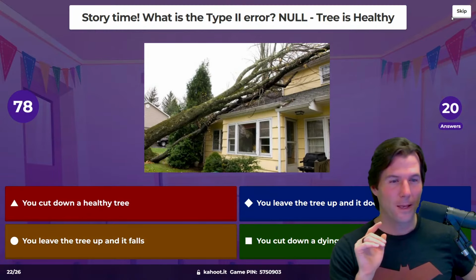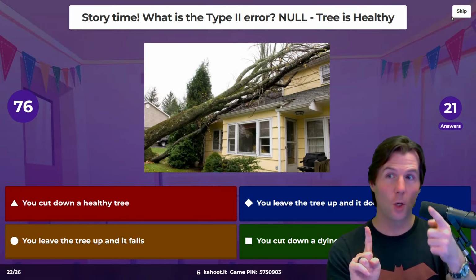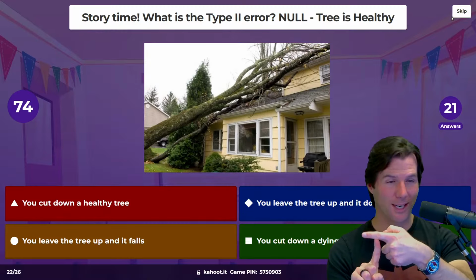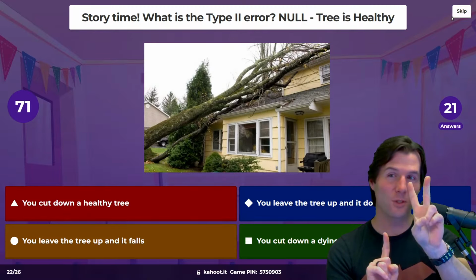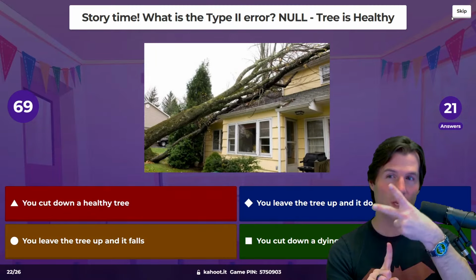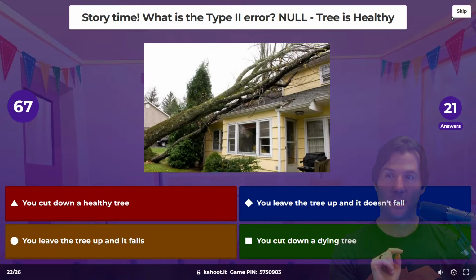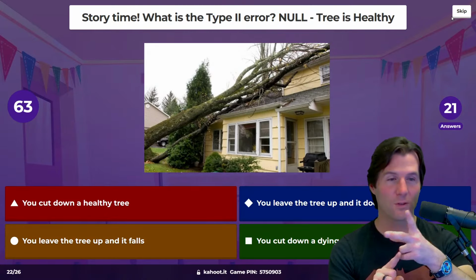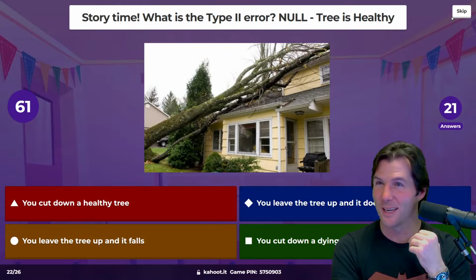Maybe there's a typo. In a type 1 error, the null is true and we reject it. And in a type 2 error, the null is false and we fail to reject it. So in the type 2 error, the null is false and we fail to reject it. I think Trinity basically has it right there.